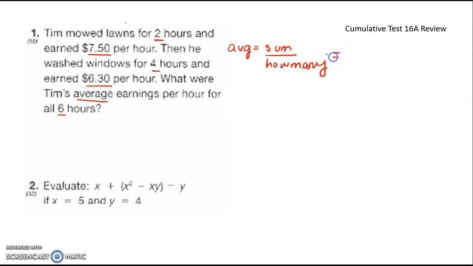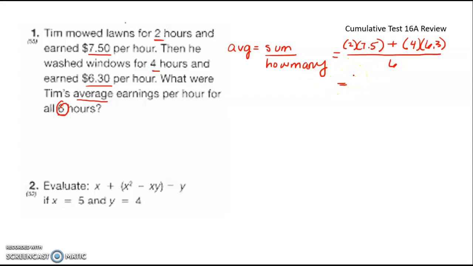Okay, so our sum here is going to look a little bit different. I know for 2 hours, he earned $7.50 per hour. And then for 4 hours, he earned $6.30 per hour. And all of that's going to be divided by the 6 hours we have here. So let's go ahead and find that out.